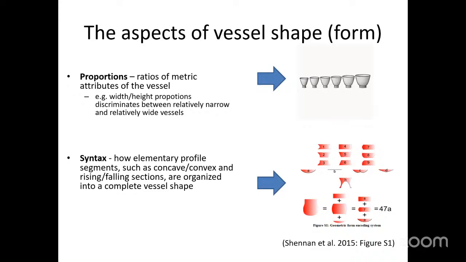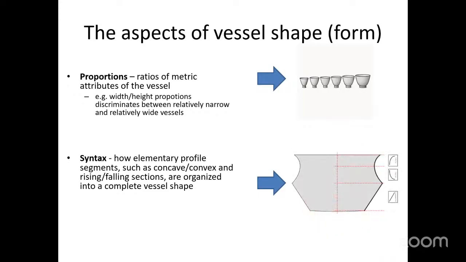It basically tells you how the profile of the vessel curve consists of segments. These segments may be concave, convex, rising and falling, and a particular sequence of these segments is something which makes the syntax of a vessel. And you can see it illustrated here.